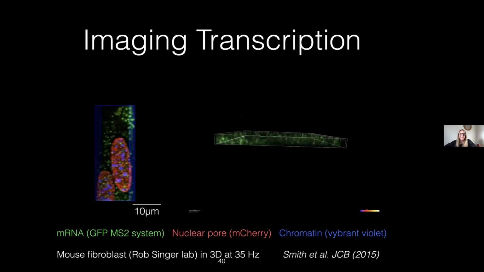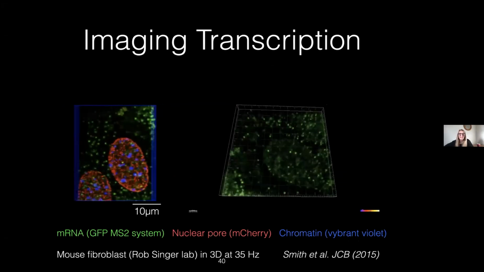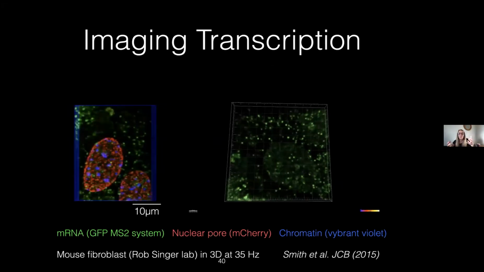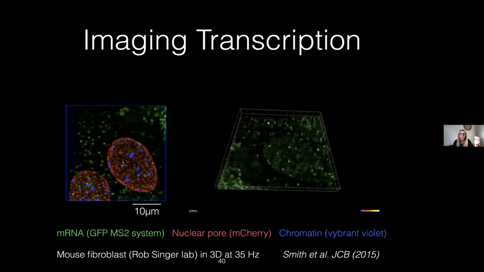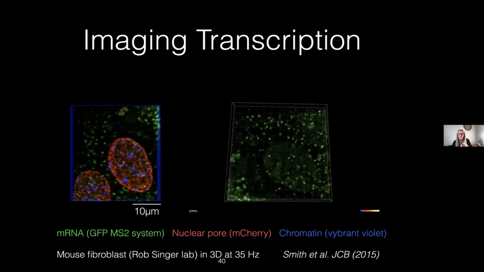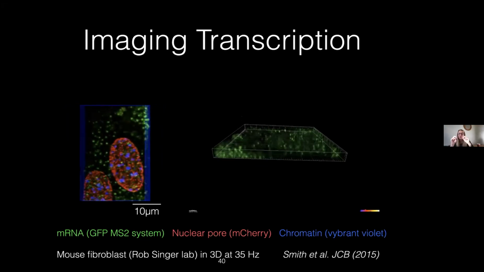So what I've done here is I've put a little rotating sample up, and hopefully that's easier to see the volume of. So you see here in red, the nuclear pore complex. You see in blue, the chromatin, which is stained. And then on the right, on top of that, we've visualized the mRNA in that very same cell. And it's diffusing through the nucleus.